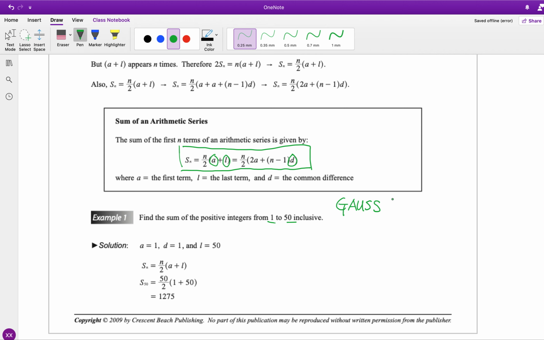He lived through the 1700s, I believe, and he's German, a math genius. The teacher posed a problem to this 7 or 8-year-old in a small village in Germany: add all the numbers together from 1 to 100. Within a couple of minutes, Gauss got the answer.